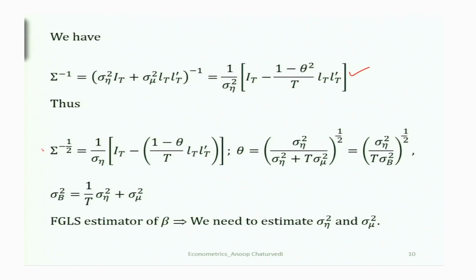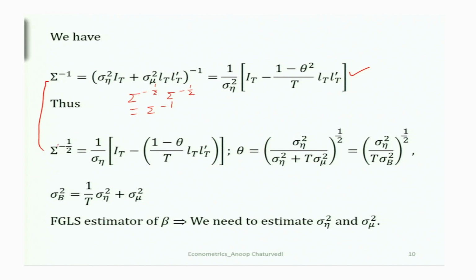To verify this result, you just multiply sigma minus half by sigma minus half, and then you can easily verify that you get sigma inverse, this expression. If you multiply this matrix by this matrix, you get this matrix.